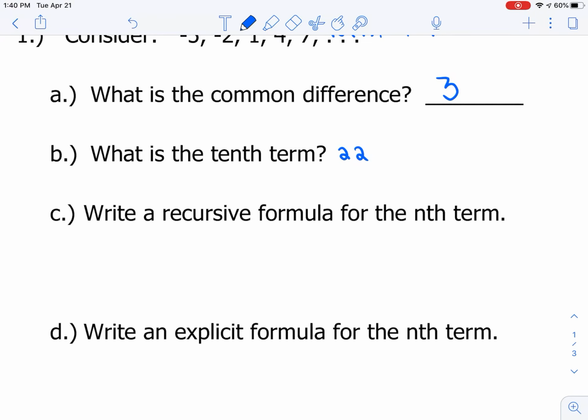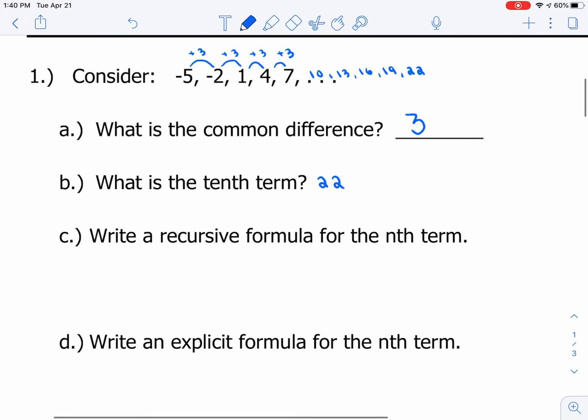Now, before we get into the new formulas that I just showed you, when I ask you to write a recursive formula, think about the first day of notes. We can do this even without these new formulas. If I said write the recursive rule, you would need to tell me what is that first term, and then you would need to tell me that a sub n equals, and then remember for recursive, you need to have that a sub n minus 1.